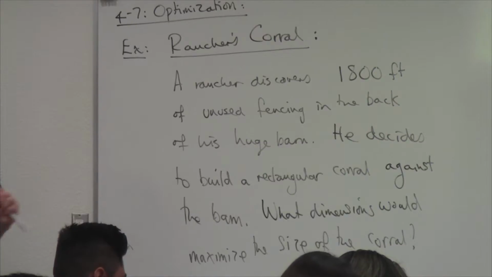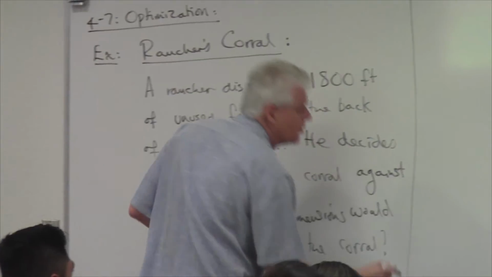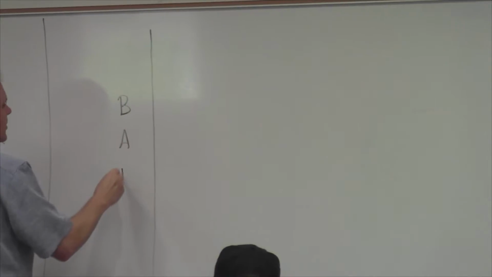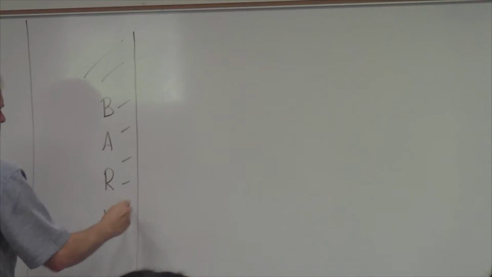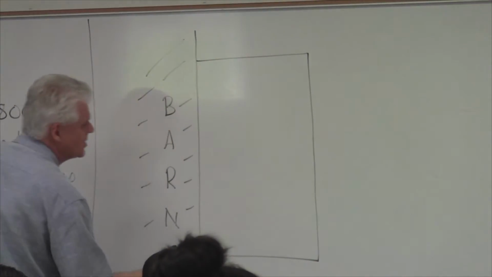He's going to use this fencing he's found. Okay, so let's draw a picture. Here's the barn. For our intents and purposes, you could almost consider the barn to be infinitely long. And we're going to build our rectangular corral up against it. So here is our corral built up against the barn.